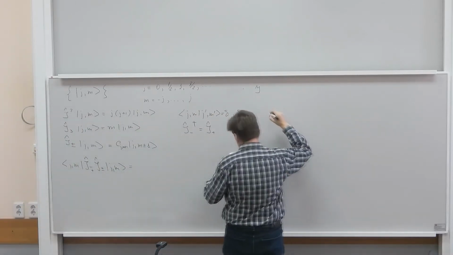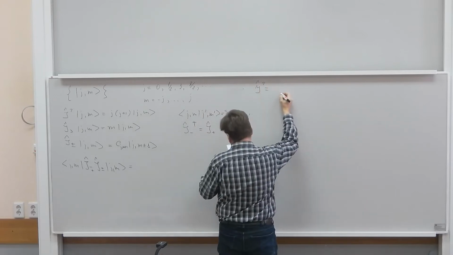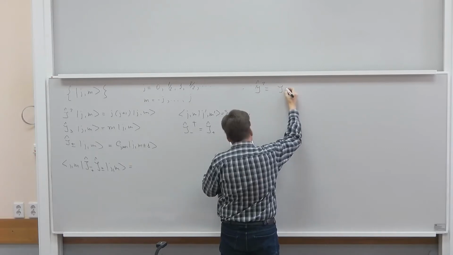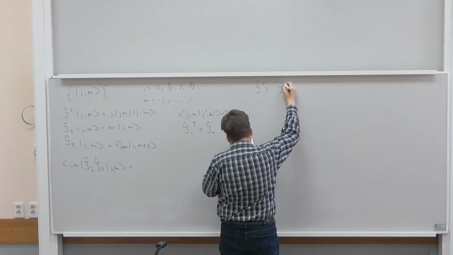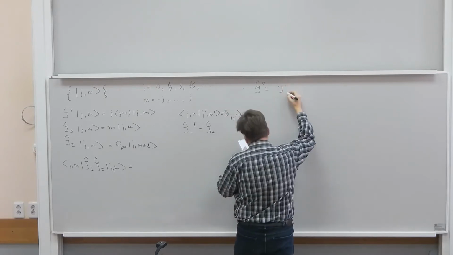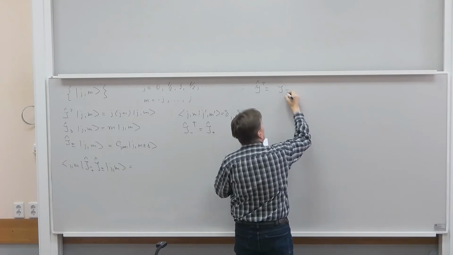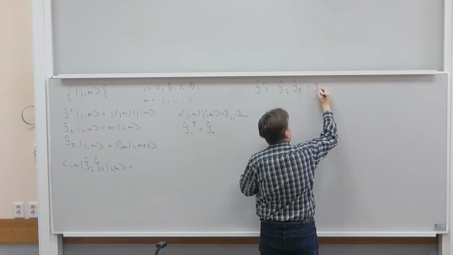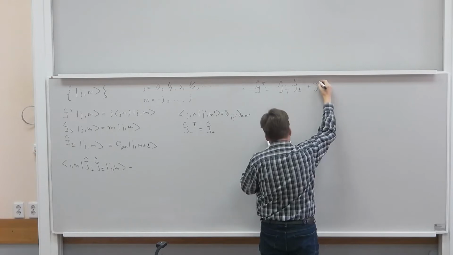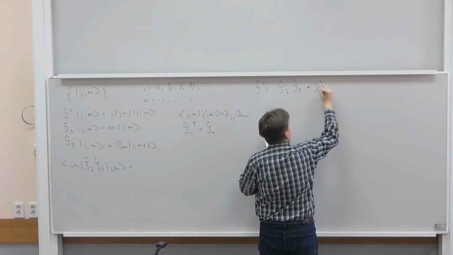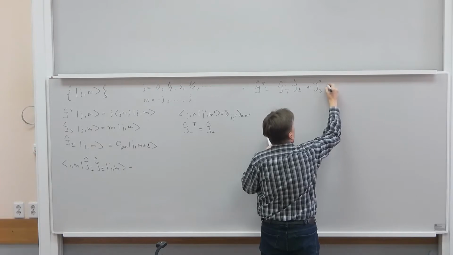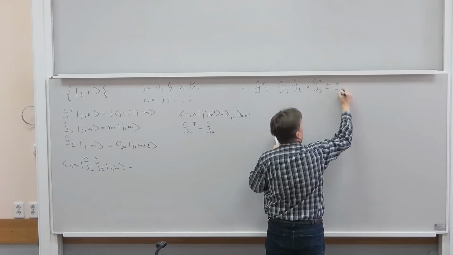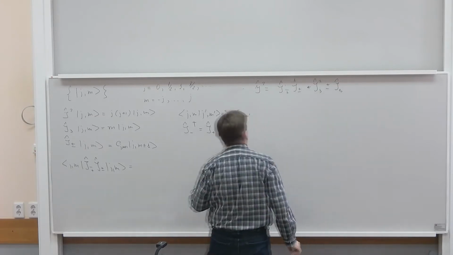Let me remind you that for J squared we had the following expression: J squared equals J∓ J± ± J3 plus J3 squared.